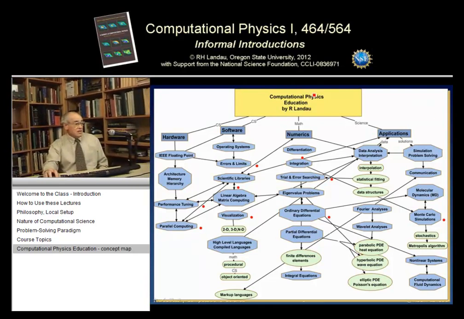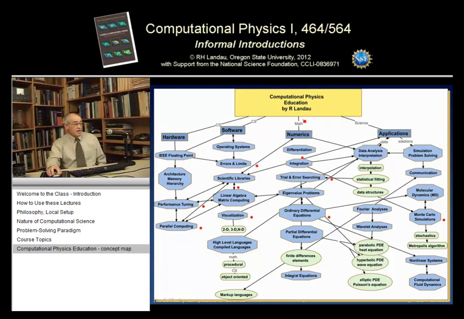What you can see here is a few things. There's the math we talked about, here's the science in a general sense, and over here is the CS you're going to learn. Hardware and software in CS, the math is numerics, the science is called applications. That's the computer science word for science.